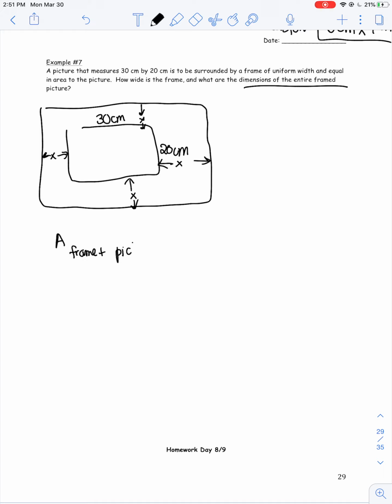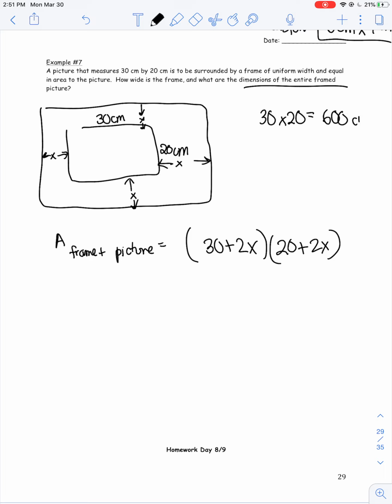Okay. So we are going to start by writing the area of the frame and the picture is equal to 30 plus 2x again, because we have this x surrounding that picture, and 20 plus 2x. Now, just like before, we know that the picture has an area of 30 by 20, so that equals 600 centimeters squared.